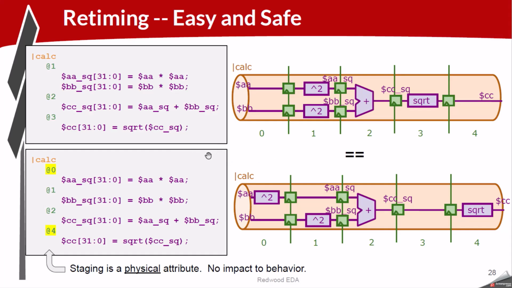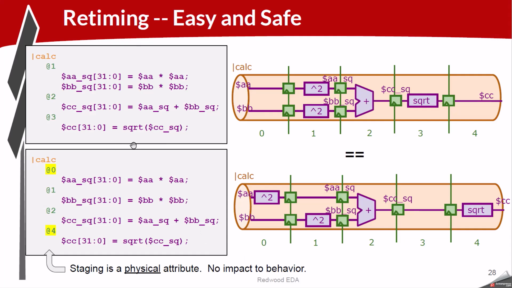We'll see more interesting examples later on of how pipelines interact, but through all of this, you'll see that the timing abstract modeling provided by TL Verilog gives you the property that you can change the stage bucketing with a guarantee that you're not changing the overall behavior of your circuit.